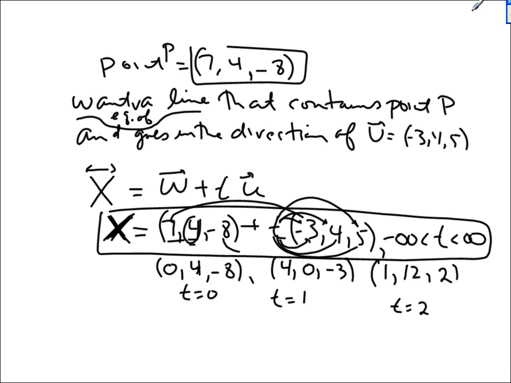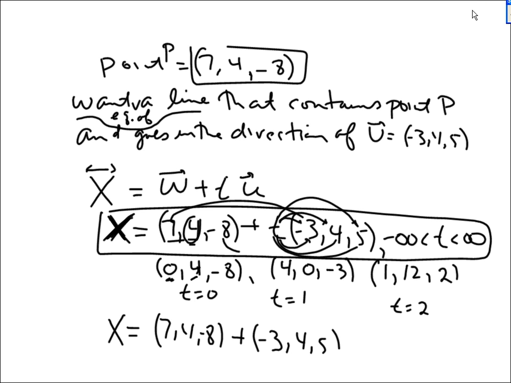So there are many points on that line, and they all come about by you picking different values of t. Now, if you notice, each point has an x value, a y value, and a z value. Some or all of them might be 0. None of them might be 0.